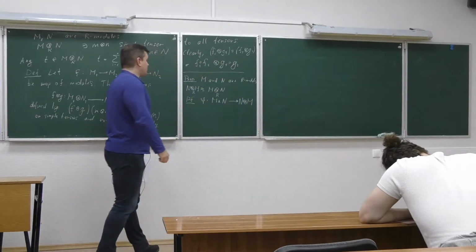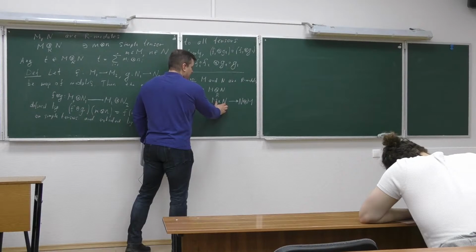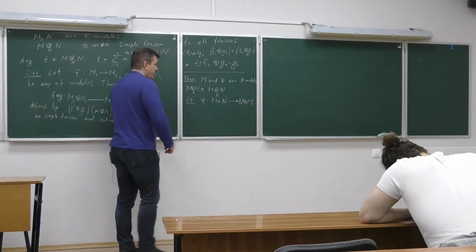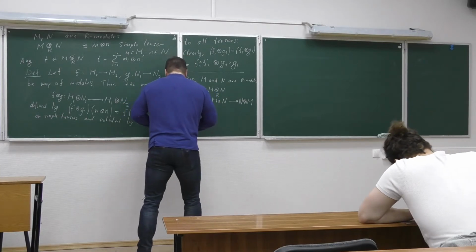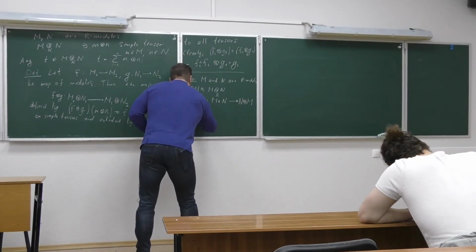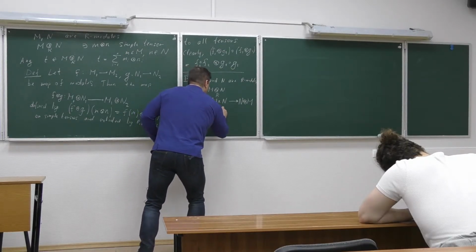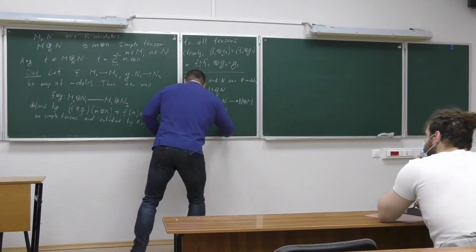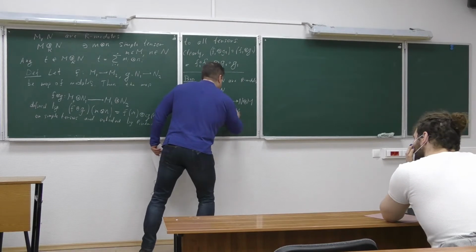I want to switch these factors, so this is from M times N to the tensor product of N and M. And this is defined by the following formula. If you want to compute this on the pair (m, n), well, you just say by definition that this is the tensor product of n and m. So this map is bilinear.